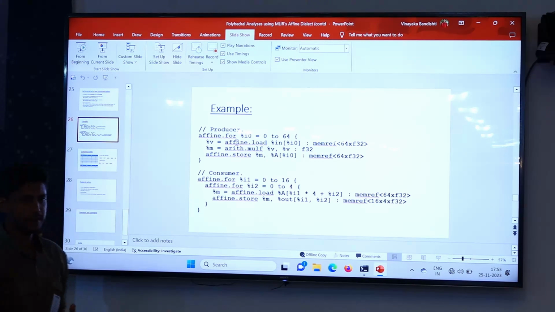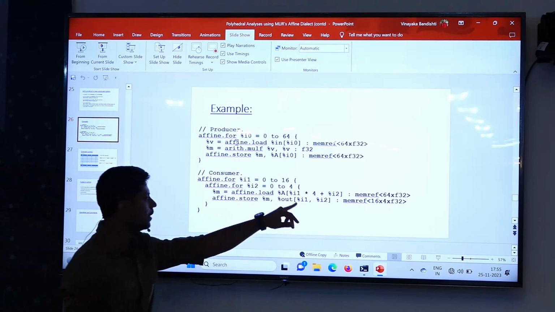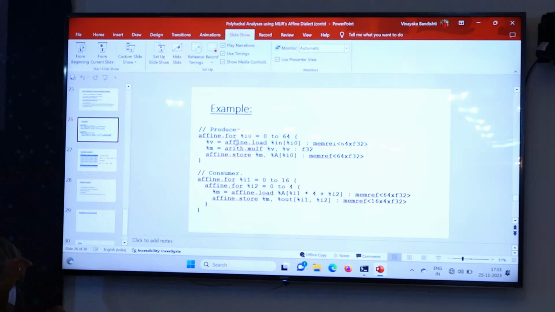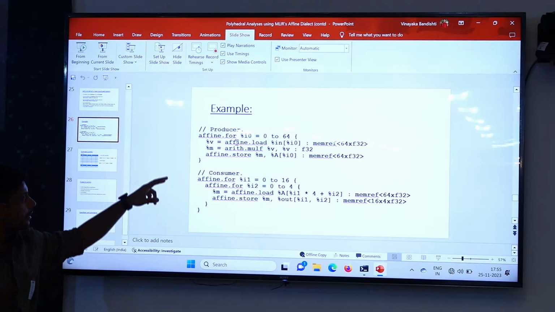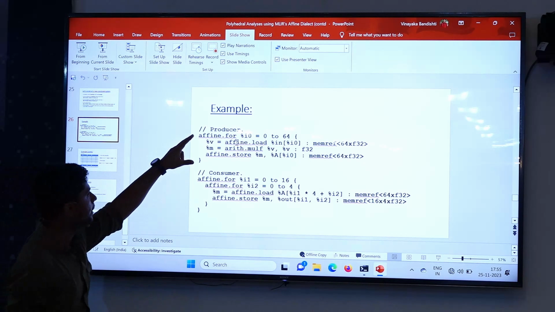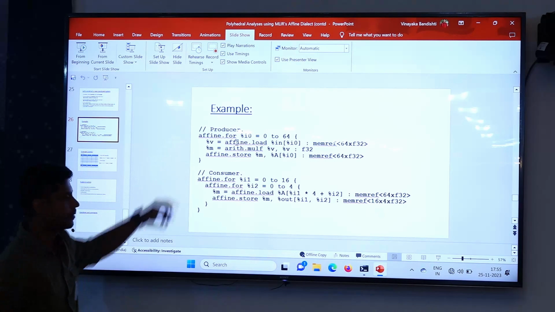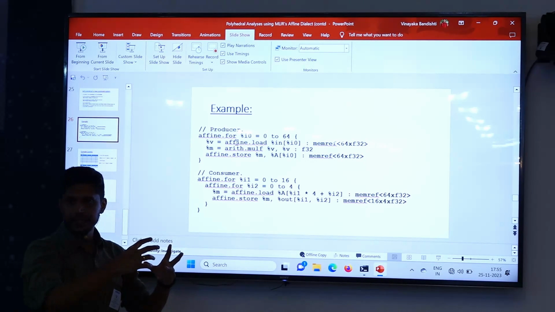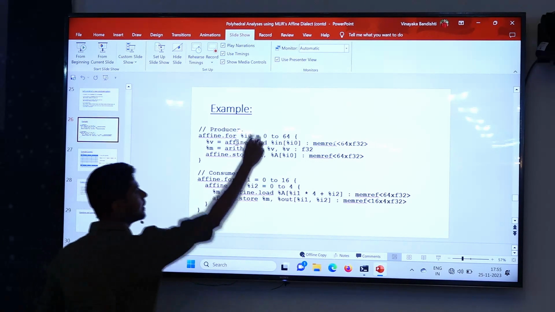Now who is writing to this location? I can get that value in terms of an expression, and I can copy this whole nest, or whichever iteration is writing to that location, I can bring that and place it here.